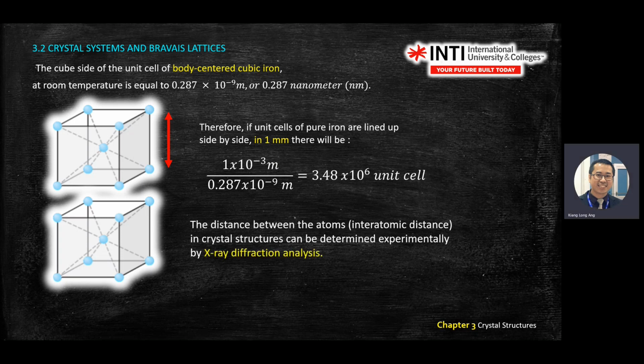Then the distance between the atoms, you check with an analysis called X-ray diffraction analysis. There's a machine called the X-ray diffraction machine, usually in the material science lab. You put the metal inside, cut very, very small, and there's a procedure for preparing the sample.